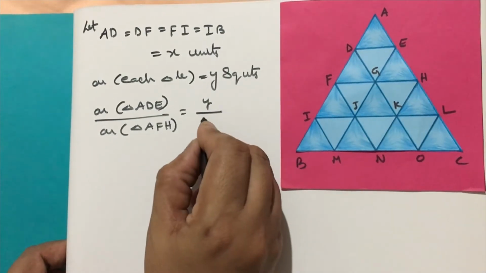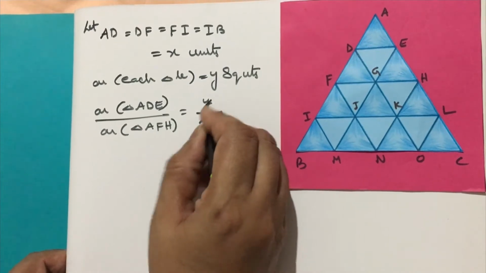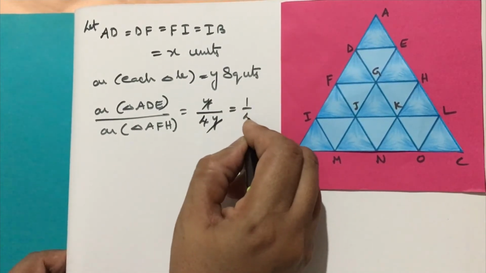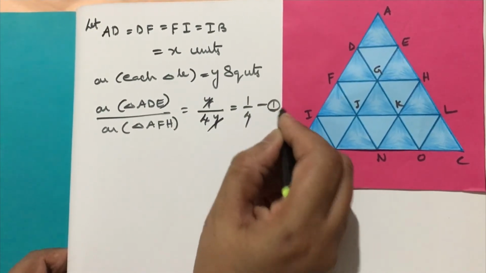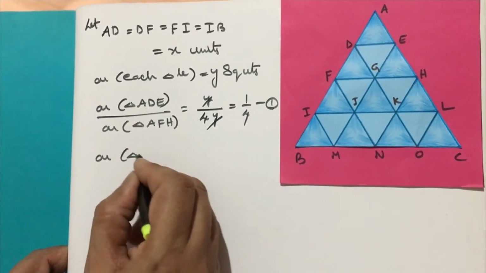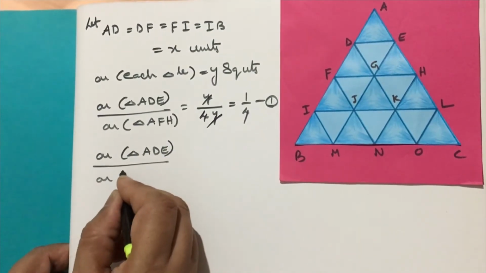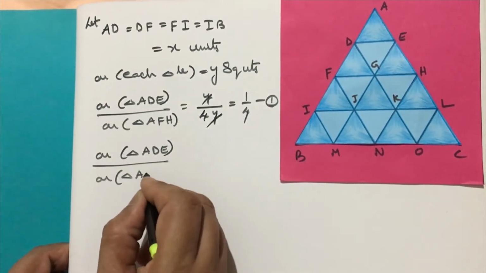So I am taking 4 times y. So 1 by 4 I got, right? This is equation 1. Now I am taking the area of triangle ADE by the area of triangle AIL.